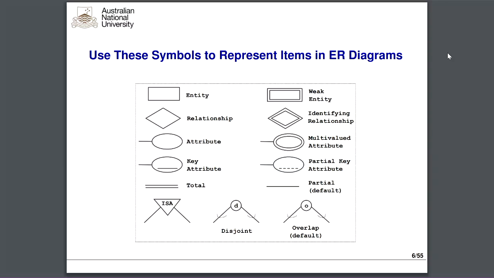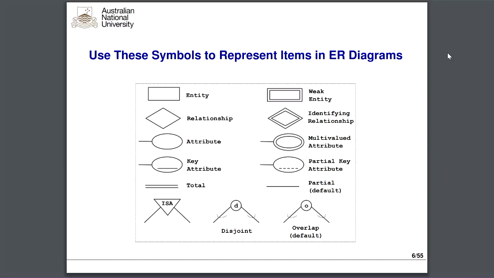Similarly here, there are so many symbols. For example, the entity uses a rectangular box. If you think about the logic behind it, to me it's because this symbol is probably the easiest one to draw, and the entity is most often used for the things we want to describe in the relationship.